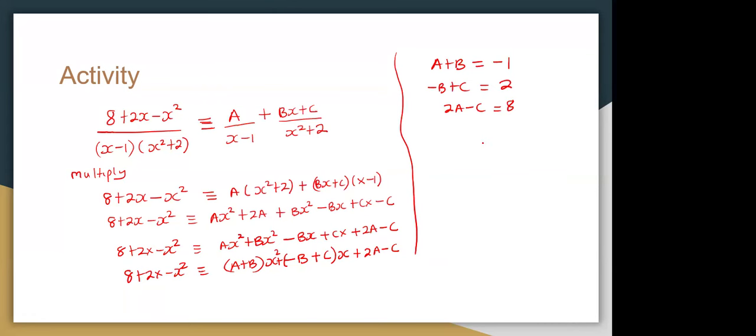When you solve them simultaneously, you get a as 3, b as -4, and c as -2.